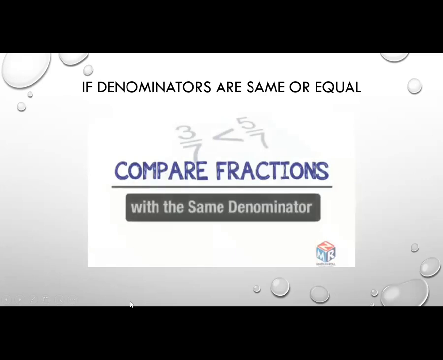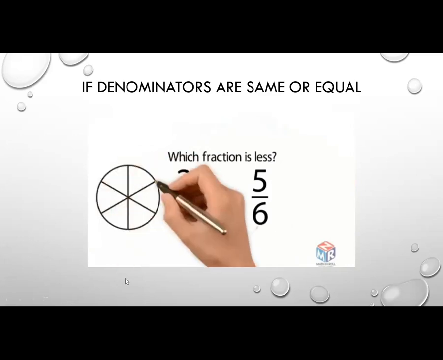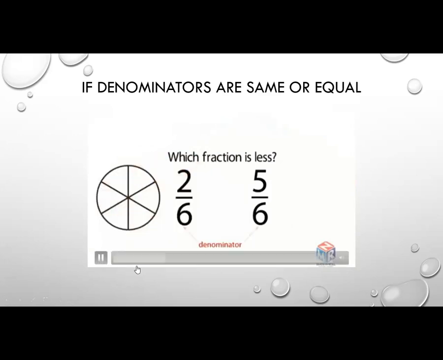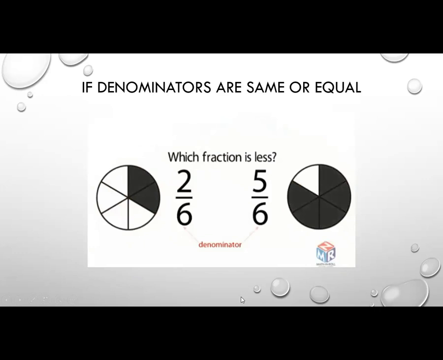Compare fractions with the same denominator. Which fraction is less? 2/6 or 5/6? These fractions have the same denominator, 6. You can use models to compare fractions. 2 out of 6 equal parts are colored. 5 out of 6 equal parts are colored.